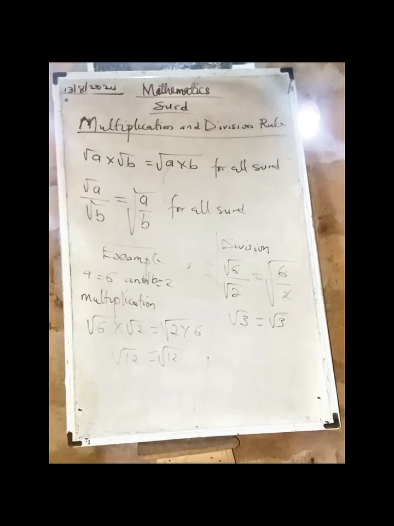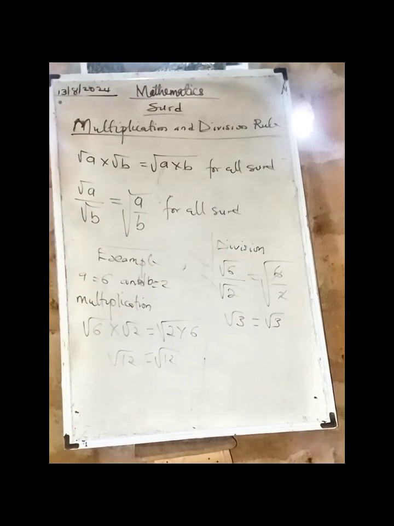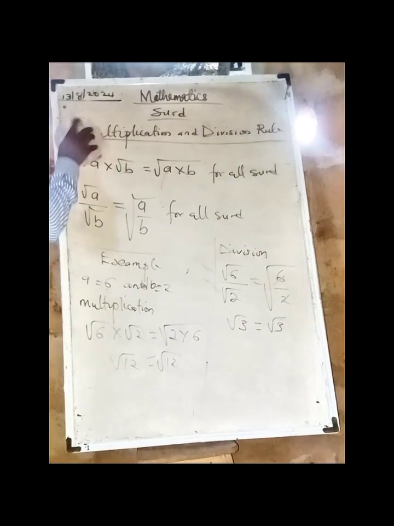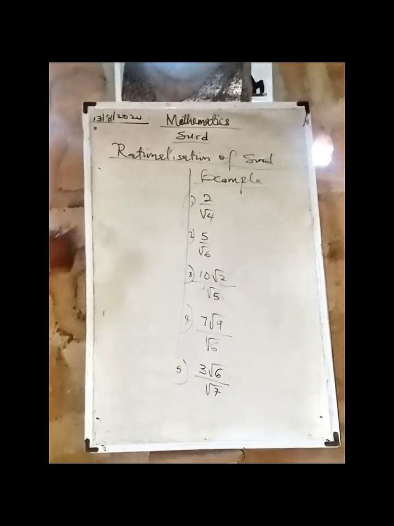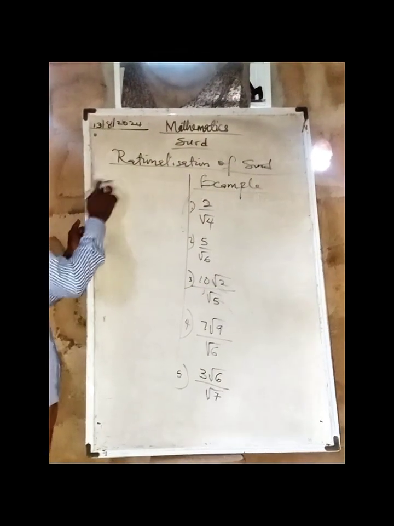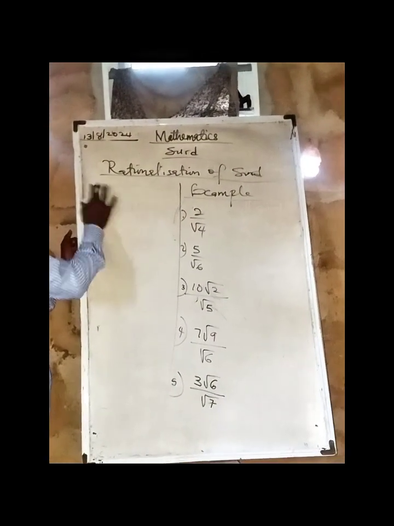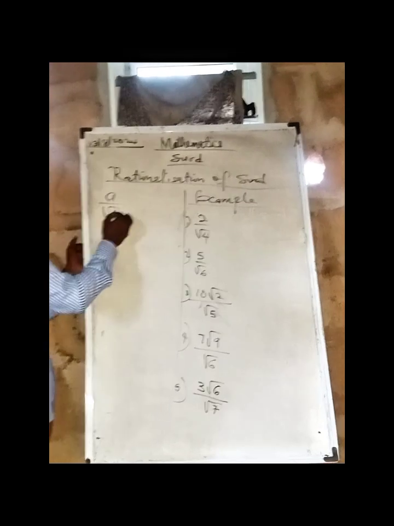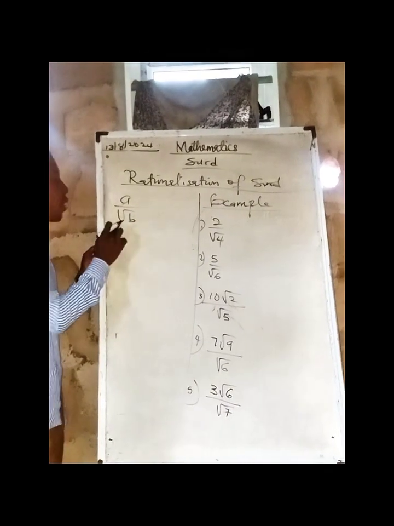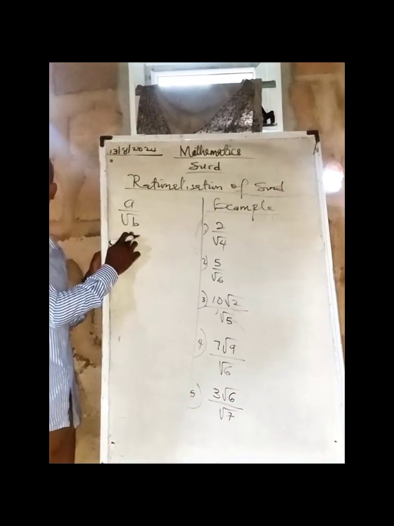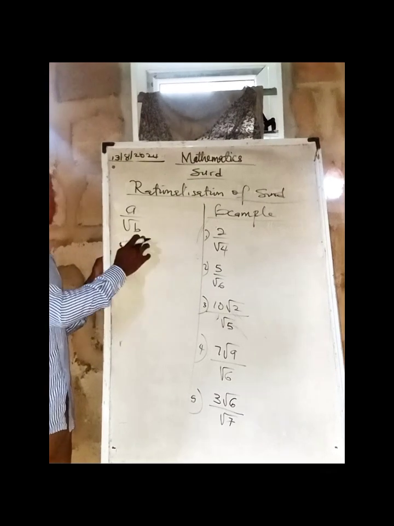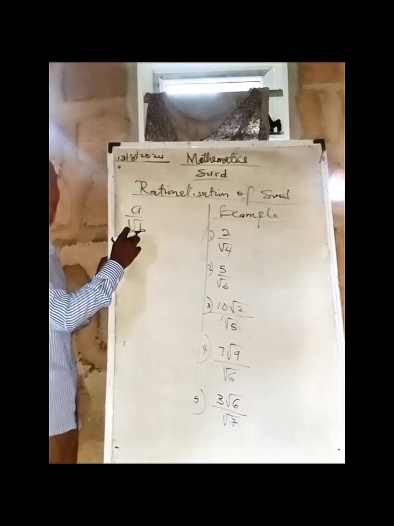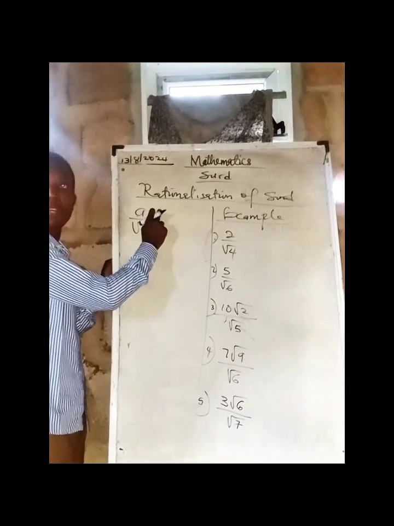Okay, we want to quickly look at rationalization of surds. We said to rationalize a surd, this is the format. Let's assume we have a value called A all over surd B. We were told that when you have a surd as a denominator, it is actually not proper. So to rationalize, you simply use your surd to multiply your numerator and denominator.